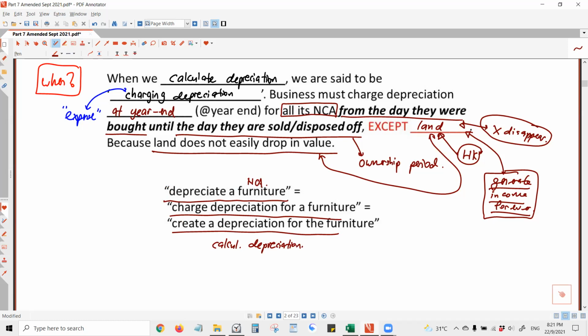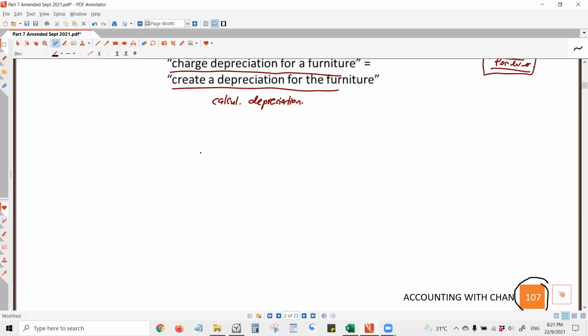Charge depreciation is also known as calculate depreciation. Now remember, as long as you still own the NCA, you must charge depreciation at every year end during the ownership period. Now let's see the next page about calculation.